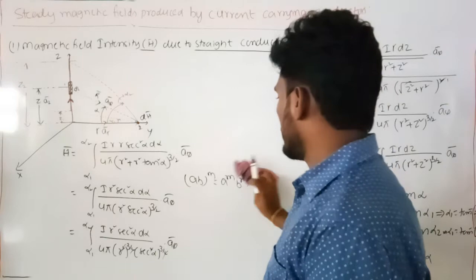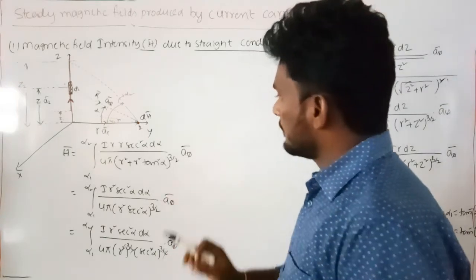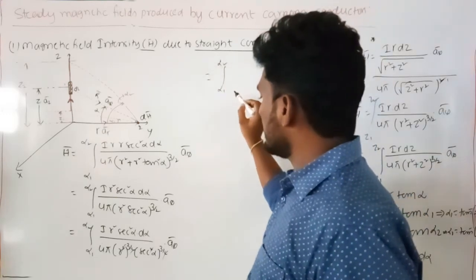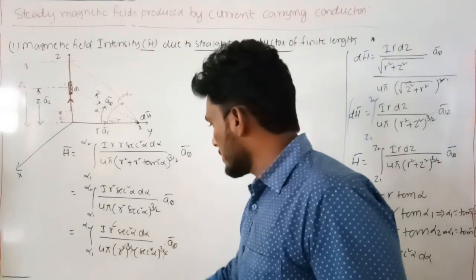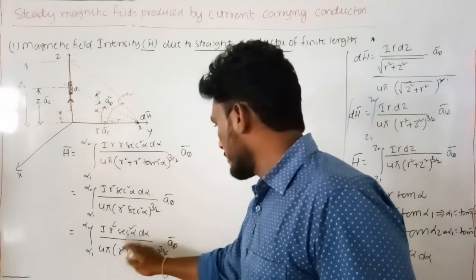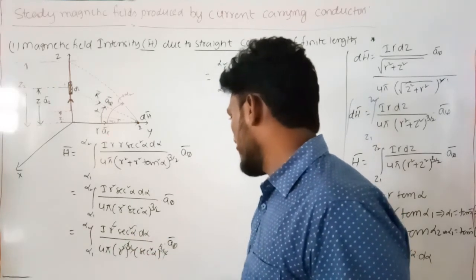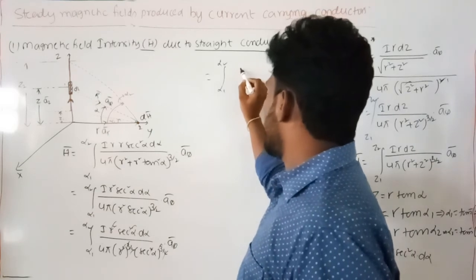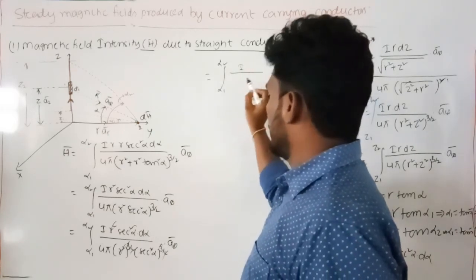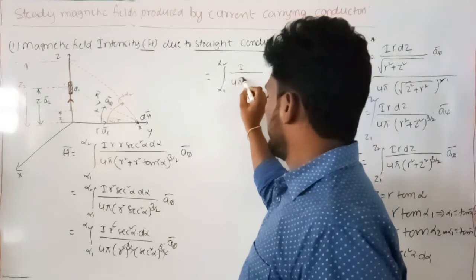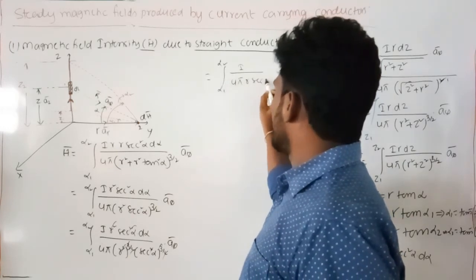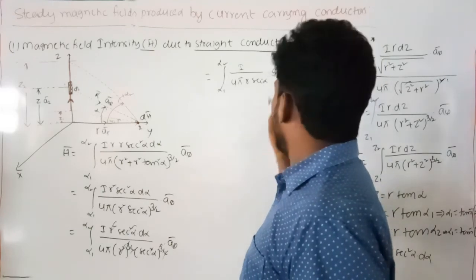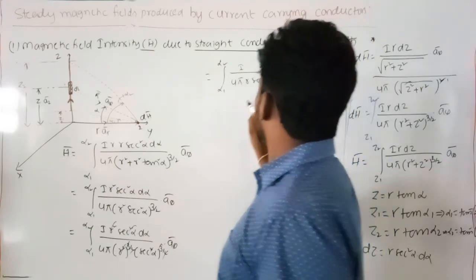So that is equal to alpha 1 to alpha 2, and here the 2 r's cancel, secant square alpha by 1 secant square alpha cancels, so it is I by 4 pi r secant alpha, into a phi bar, d alpha.